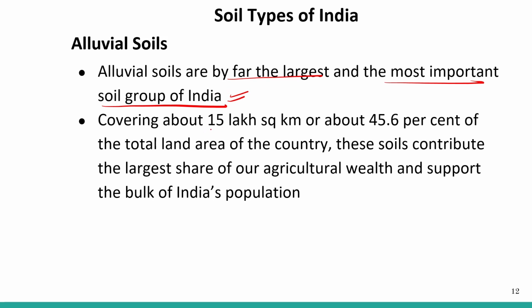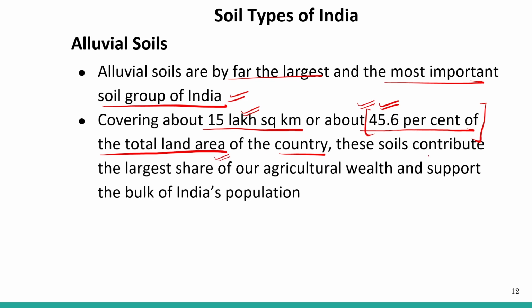It is covering about 15 lakh square kilometer or about 14.6% of the total land area of the country. So now you can see how much of our Indian land is covered with this type of soil, covering about 15 lakh square kilometer, or in percentage, about 45.6% of the total land area of the country.